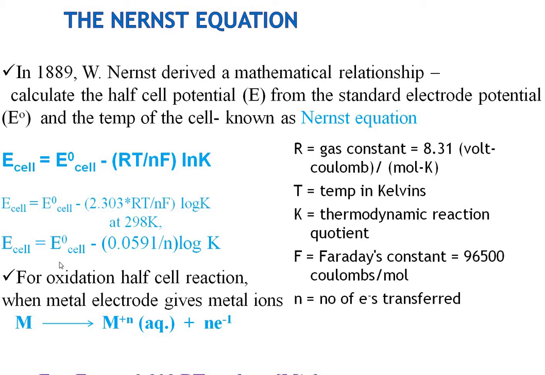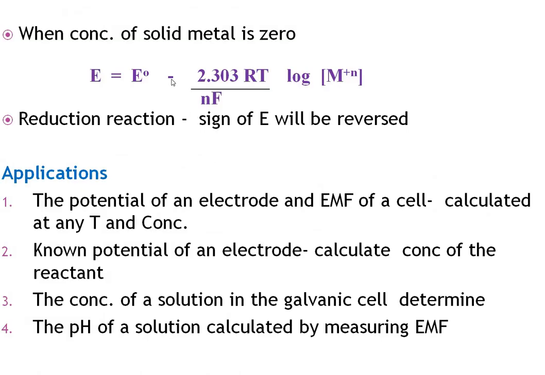So E cell equals E0 cell minus 0.0591 upon n log K. If we are writing for the oxidation half cell reaction, then the metal will convert into the metal ion, and E cell equals E0 minus 2.303 RT upon nF log of oxidized form upon reduced form. When the concentration of solid metal is taken as 1, then E equals E0 minus 2.303 RT upon nF log M^n+.